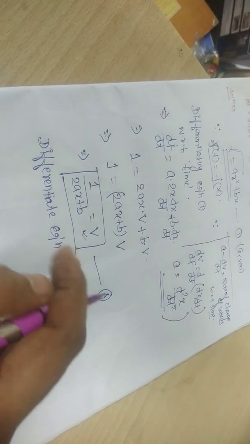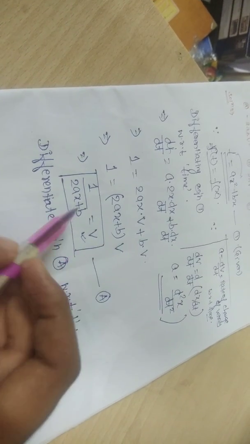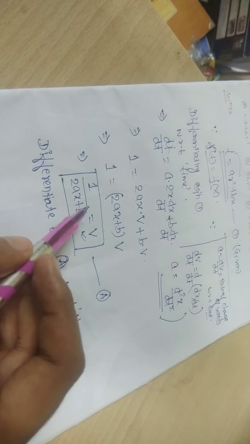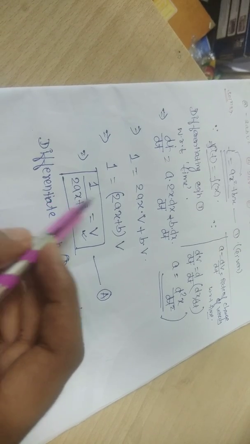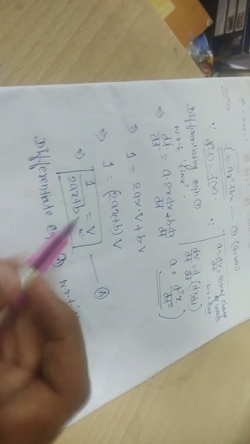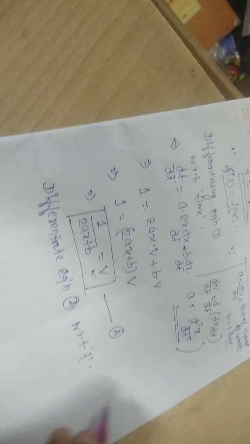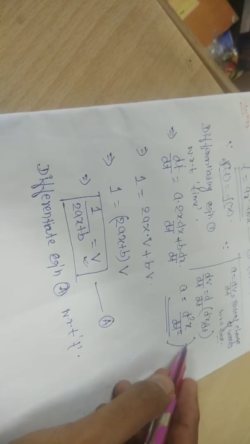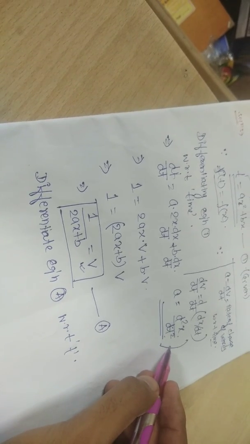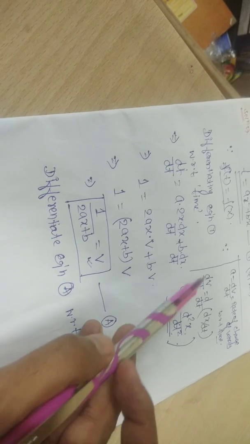We already discussed that acceleration is d2x by dt squared, which is dv by dt.